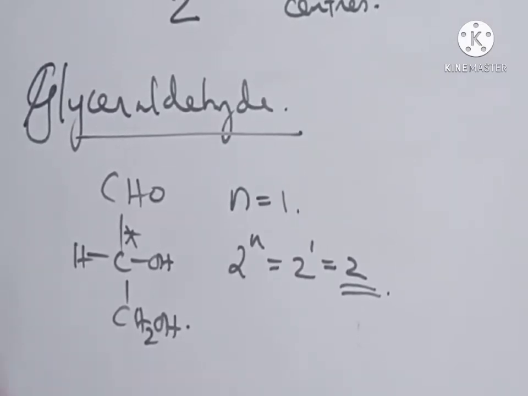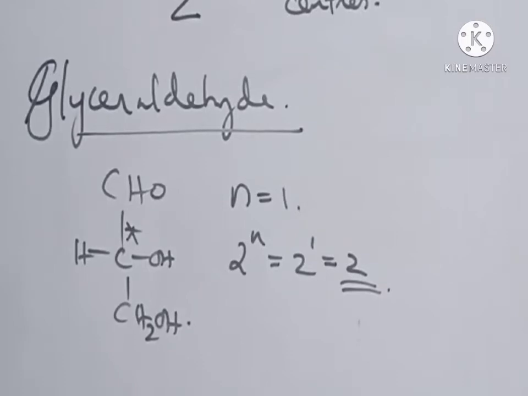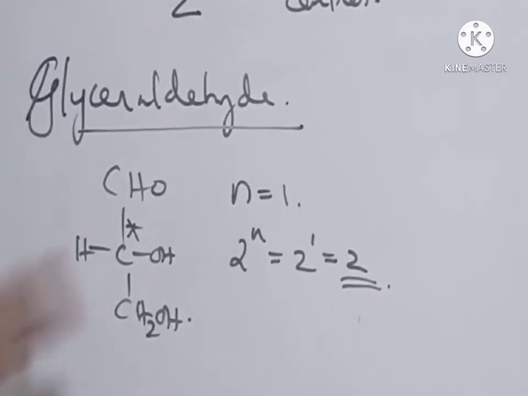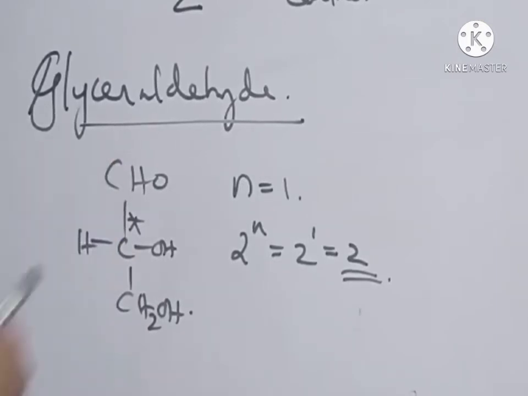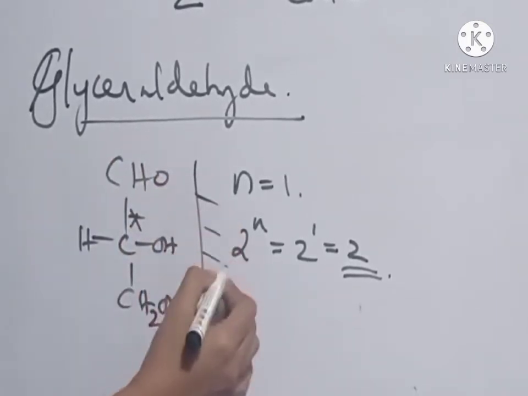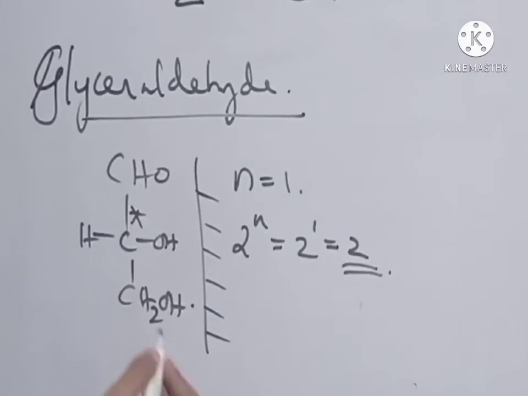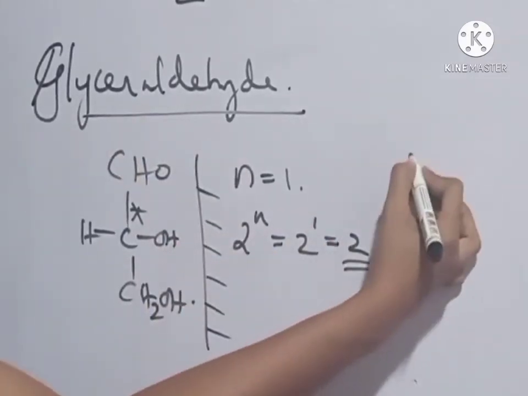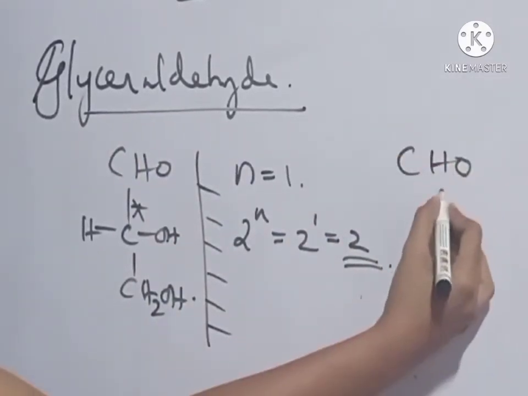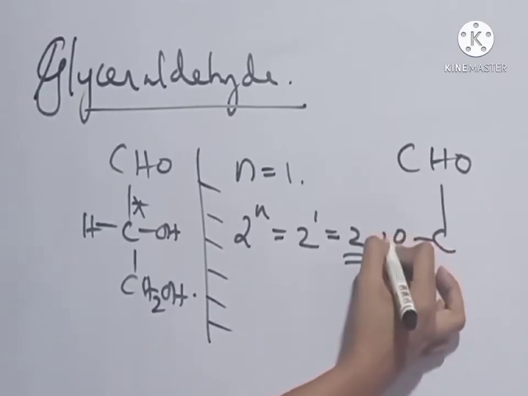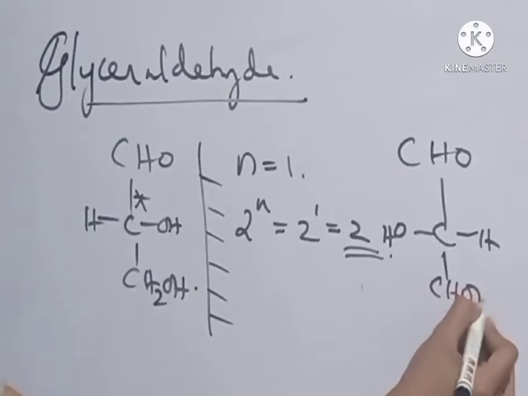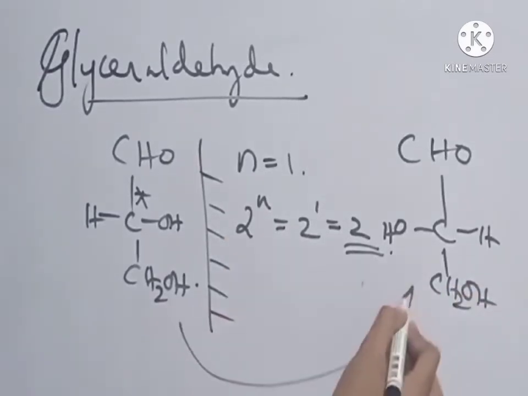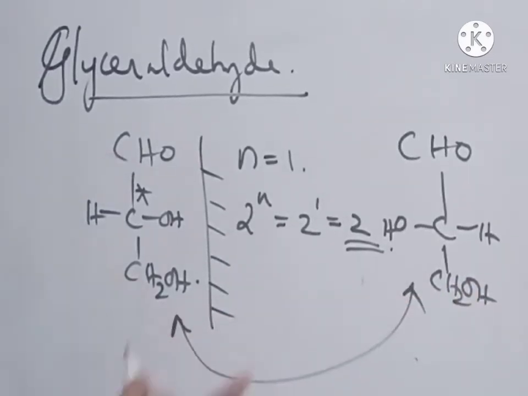If we check this compound, we can easily say that one of the stereoisomers will be the mirror image of this compound. So the next stereoisomer of glyceraldehyde is COH, H and CH2OH. And these two structures are mirror images.